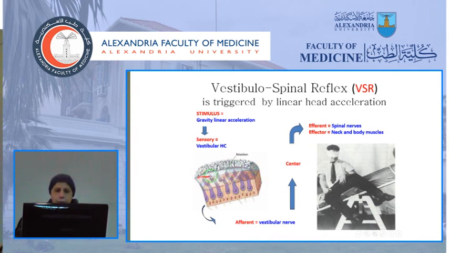Because this gelatinous material has minimal weight, the pull of gravity is not effective. Therefore, there is a blanket of otoconia, or sand particles, covering this gelatinous membrane in which the hair cells, the stereocilia, are immersed.